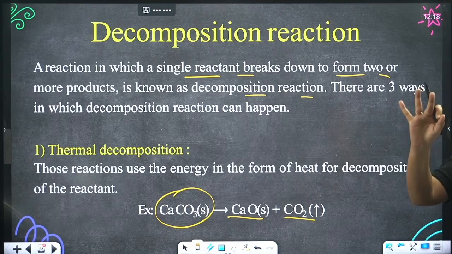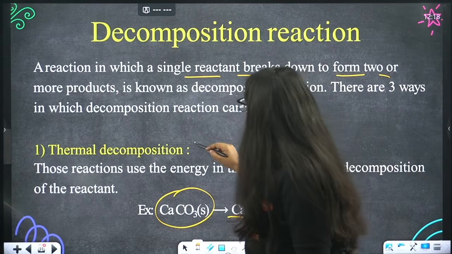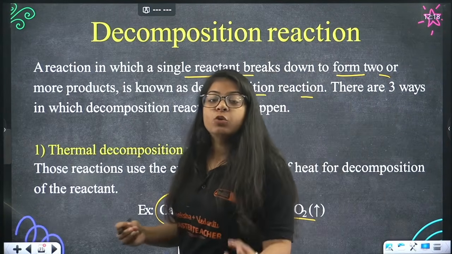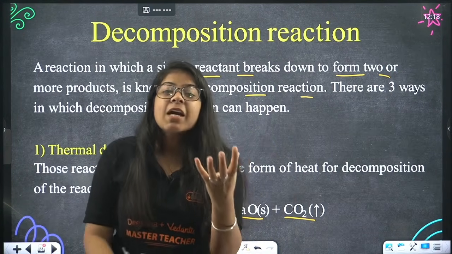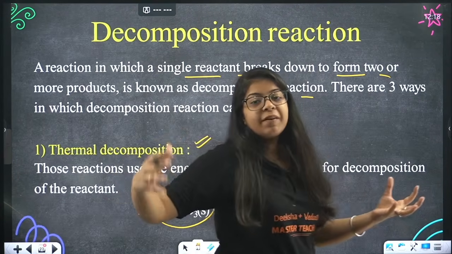Now beta, there are multiple types of decomposition reaction, that is your three types of decomposition reaction. First is what? Thermal decomposition. That is, you have a substance, you heated it and it broke down into certain different products.